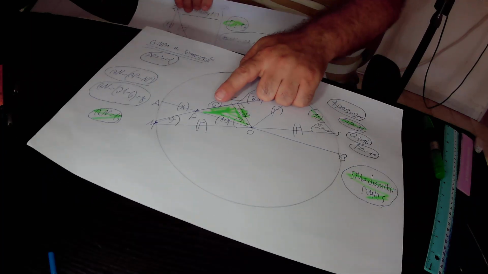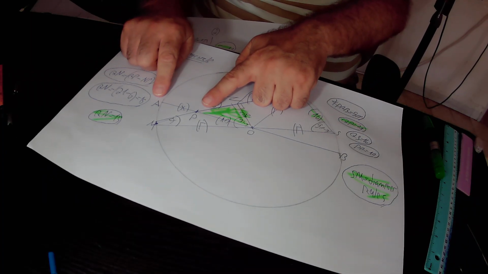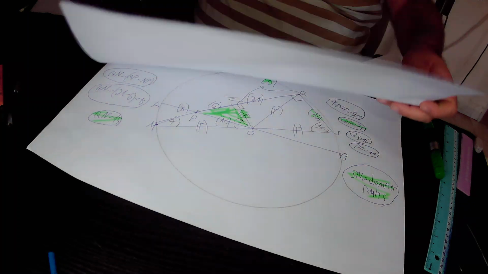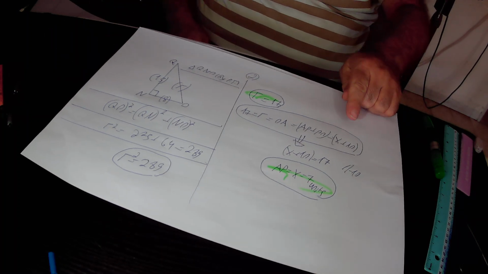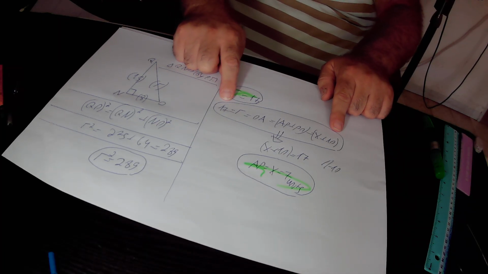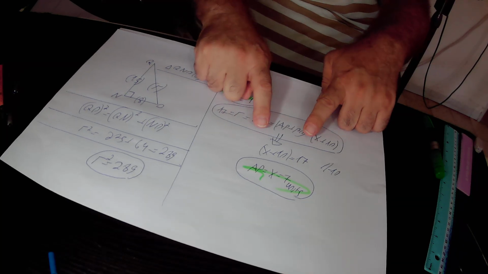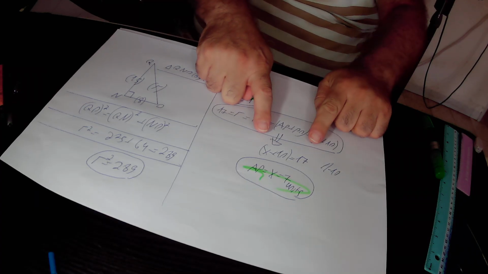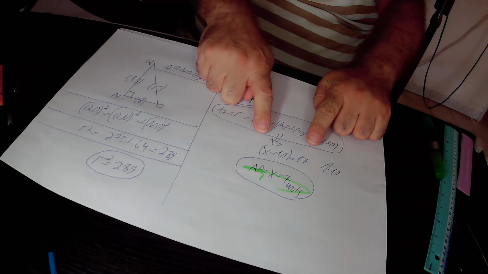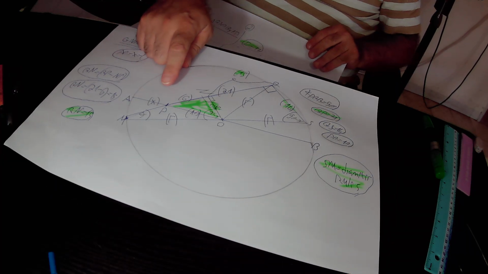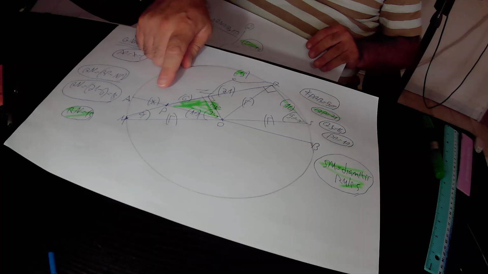AP is the line segment that we're looking for in this question, that is equal to X, and PO equals 10. From this equation, we derive that 17 equals X plus 10, or X plus 10 equals 17. Here we subtracted 10 from both sides and found that X equals 17 minus 10, that is 7. So AP, that is equal to X, is equal to 7 units in length.